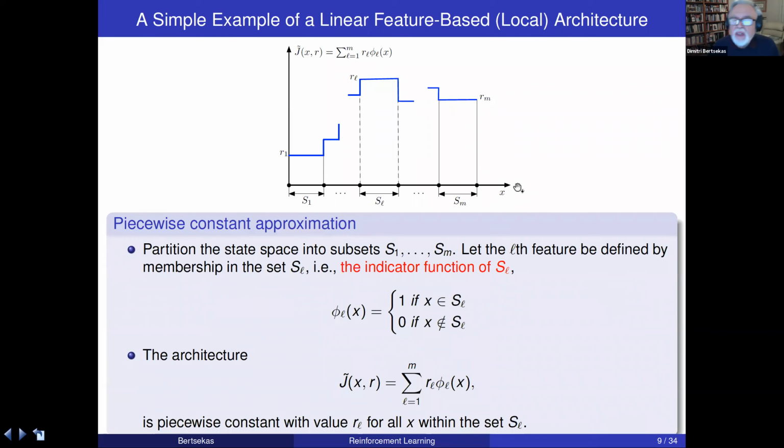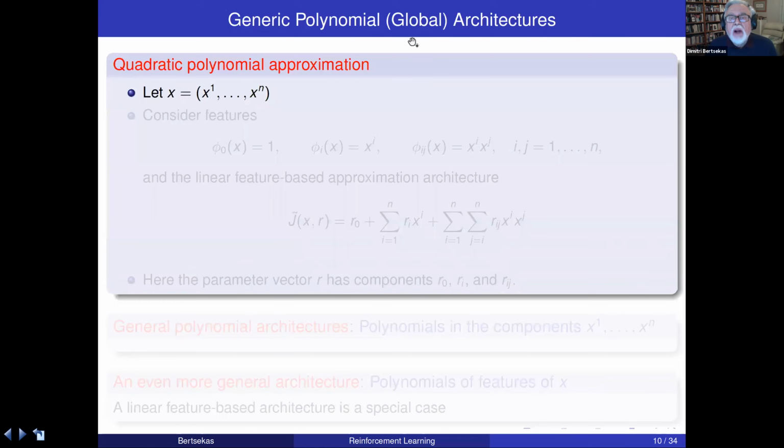Okay, so that's very simple, but it can be generalized to piecewise linear, for example, piecewise quadratic type of function. Let's give an example of a global type of architecture that's very general. It's generic. It doesn't require that you know features. The features are generic.